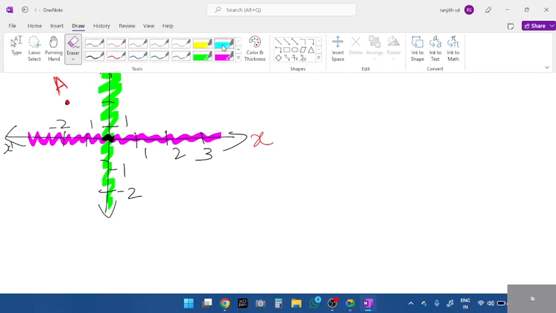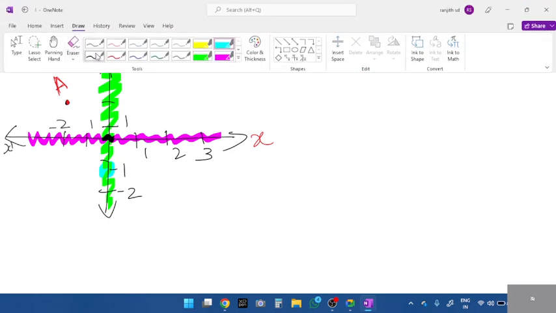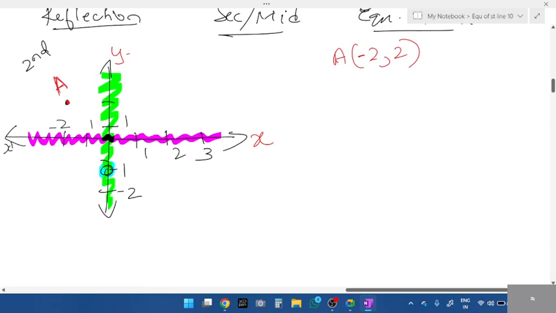Now the mirror, I'll draw a mirror at -1. Where is the mirror, students? All of you respond. Where is this mirror placed? At which position? -1. -1 is on which axis? X-axis or y-axis?